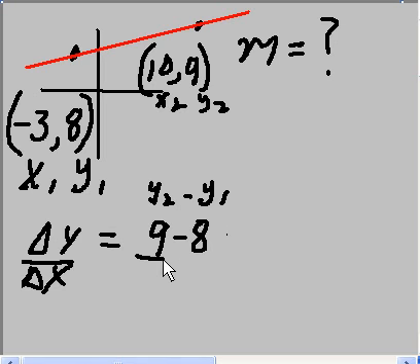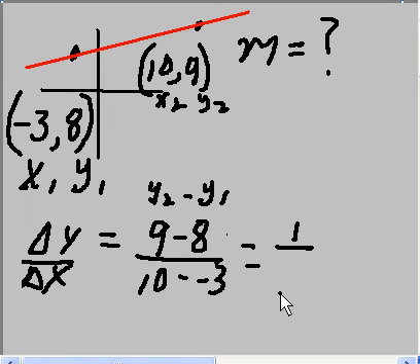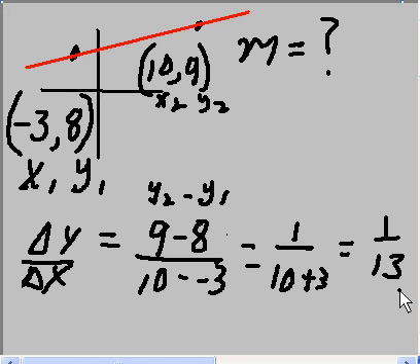And the next one is going to be over x2, that's the 10, minus x1, that's the minus 3. So 10 minus minus 3. So 9 minus 8 is 1, and 10 minus minus, that's a plus, so that's 10 plus 3. And so the slope is equal to 1 over 13.